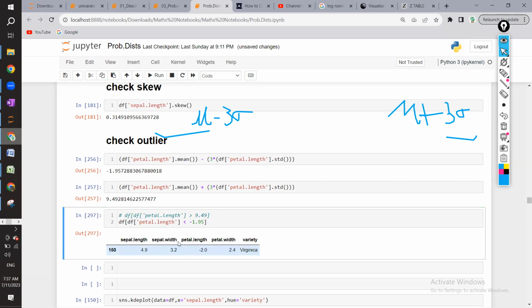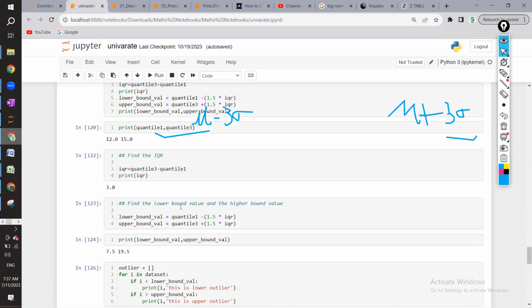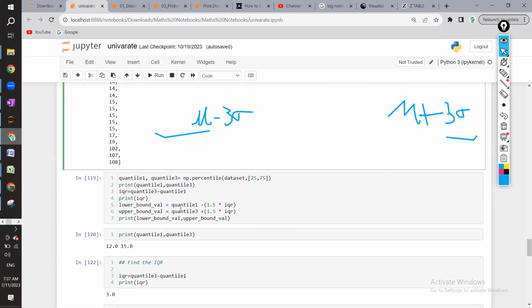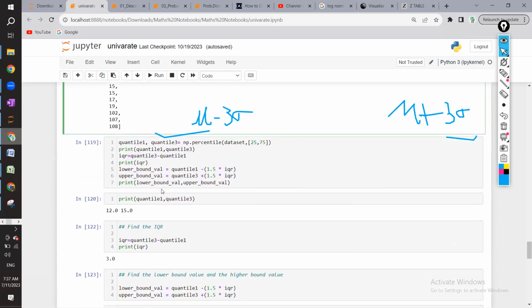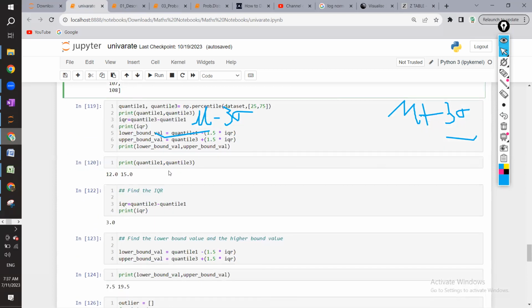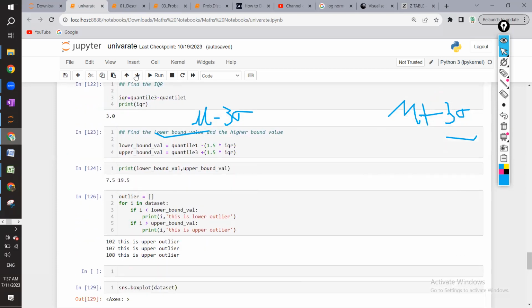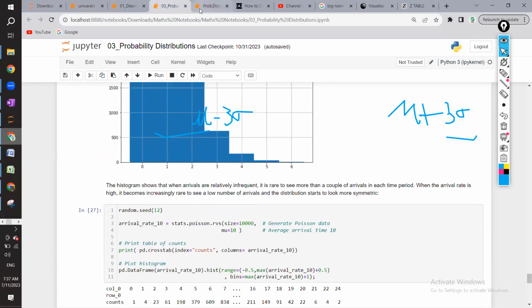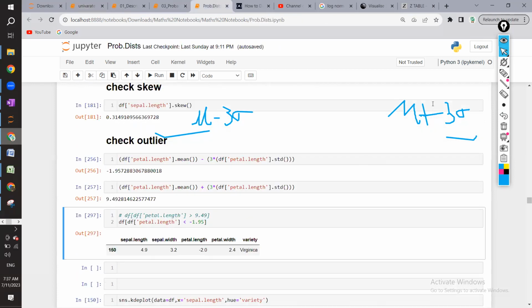As an exercise, you can take the iris flower data set and also apply the IQR. I hope you remember this IQR, so you can calculate the lower bound and upper bound, and you'll get the same values. Or directly use the normal distribution empirical formula: calculate mu minus 3 rho and mu plus 3 rho.